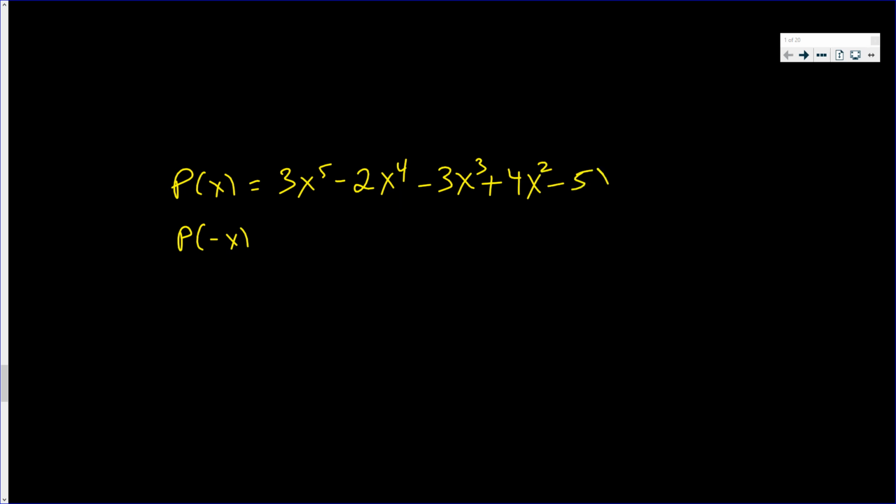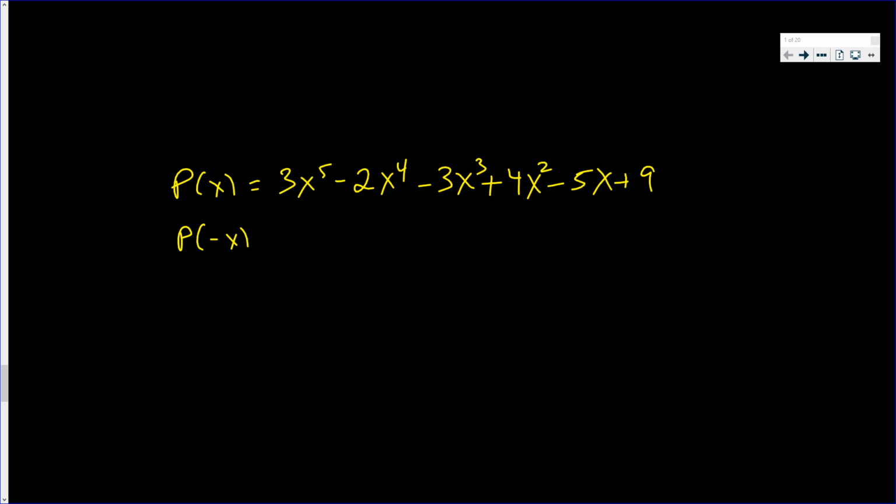Remember, if you have some polynomial, and then you look at P of x, suppose you have 3x to the 5th minus 2x to the 4th minus 3x cubed plus 4x squared minus 5x plus 9.